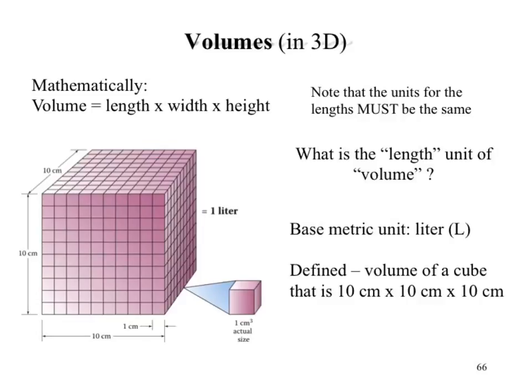So, our base unit is liters. It is defined as the volume contained in a cube that is 10 centimeters by 10 centimeters by 10 centimeters. That is its definition. So what would be liters in a distance measurement?